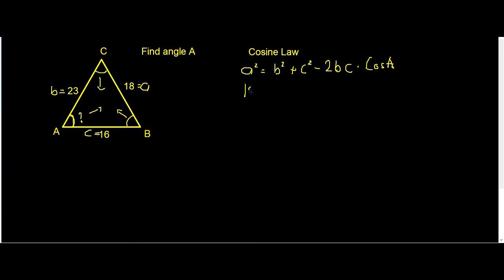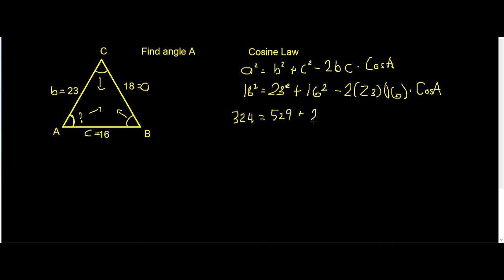Substitute. Meron kang 18 square is equal now to 23 square plus 16 square minus 2 times 23 times 16 times cosine A. 18 square is equal to 324. 23 square is equal now to 529. 16 square is 256.